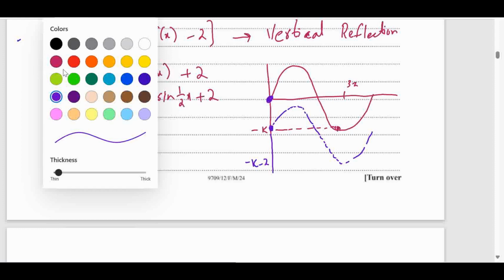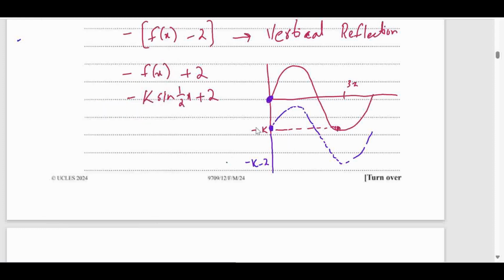And after the translation, we have a reflection of it. Reflection won't affect the x coordinate. Reflection will affect the y coordinate only. This is the point A, and so the y coordinate will be, after the reflection, as it is a vertical reflection, minus of minus k minus 2.